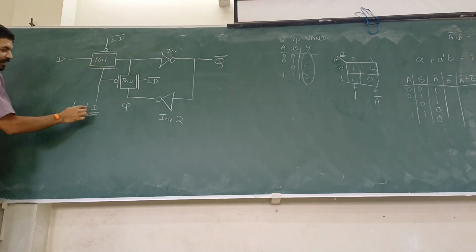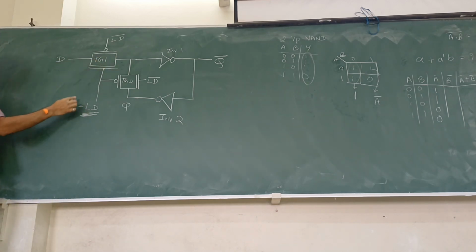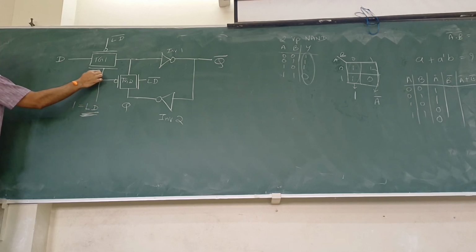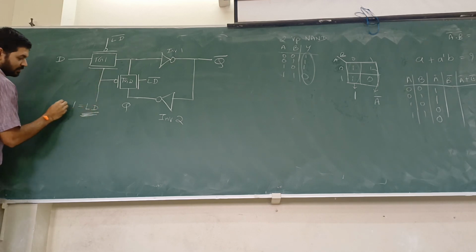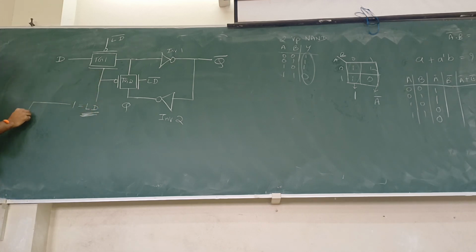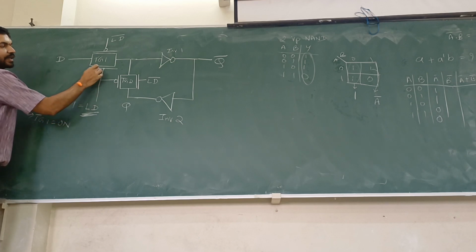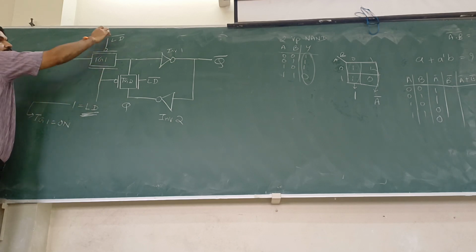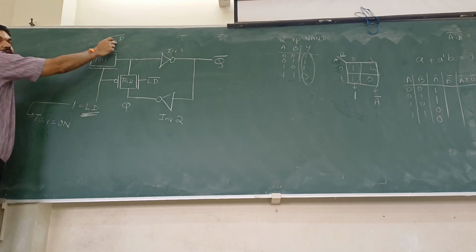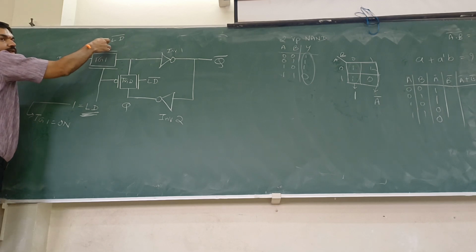If LD is 1, what will happen? TG1 is on or off? It is on. Why is it on? Because 1 is going to the gate of NMOS and LD bar is 0, so 0 is going to the gate of PMOS.